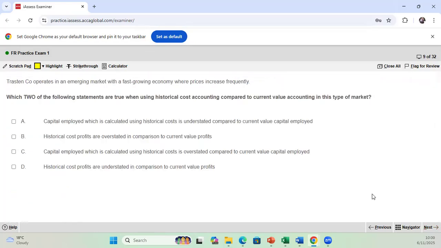Okay, let's move on. Transden, as a company, operates in an emerging market with a fast growing economy.